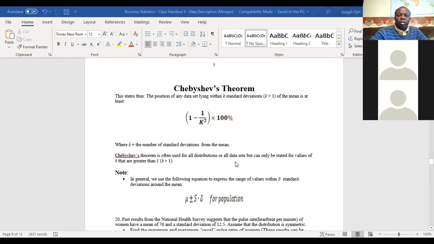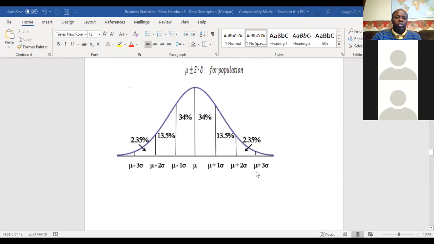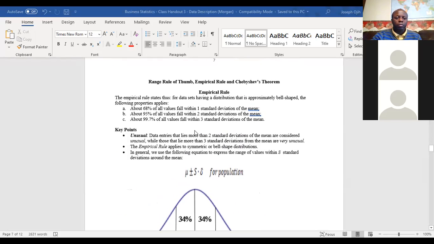So now we round up with what we call Chebyshev's theorem. On Wednesday, we covered the empirical rule, and I mentioned that we use it for data sets that are approximately bell-shaped, or normal.